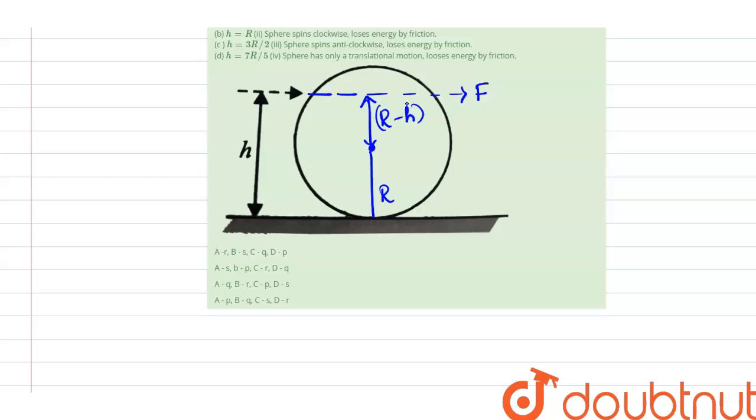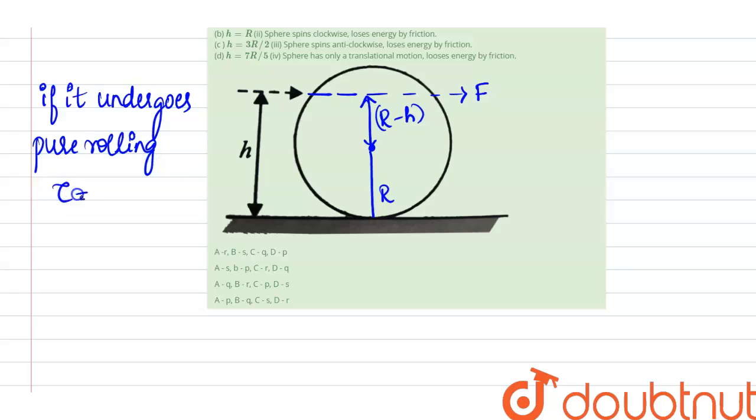Now if the sphere undergoes pure rolling, then the torque is provided by F into r minus h, or h minus r, whatever. We'll make it h minus r only.